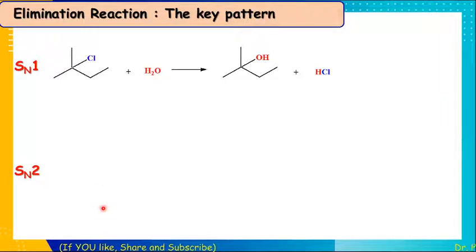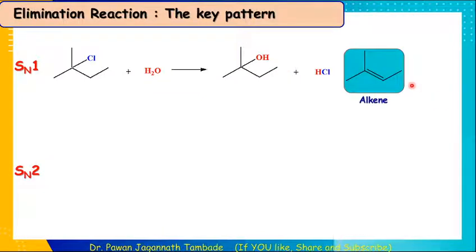This is one example of an SN1 reaction where this tertiary alkyl halide is allowed to react with the weak nucleophile, that is water, which results in formation of alcohol as a product. When this type of SN1 reaction occurs, then along with the nucleophilic substitution product, in some amount we will get this alkene as a product, which is nothing but a product of elimination reaction.